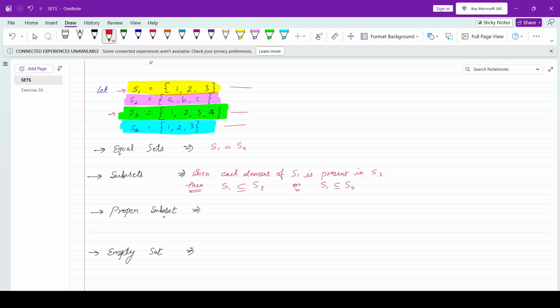Now what are proper subsets? Proper subsets are those subsets in which the number of elements are not equal. So for this we need to match two conditions.